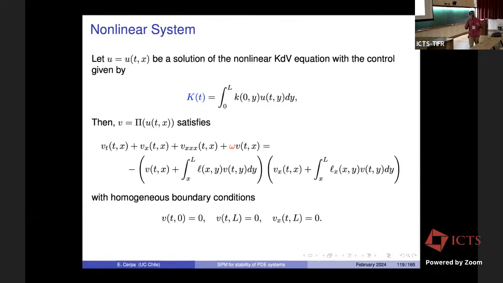So we get the same as before, plus some term coming from the nonlinear part, which is this one. Remember that it comes from Ux, the nonlinearity, and of course with the same homogeneous boundary condition as before.